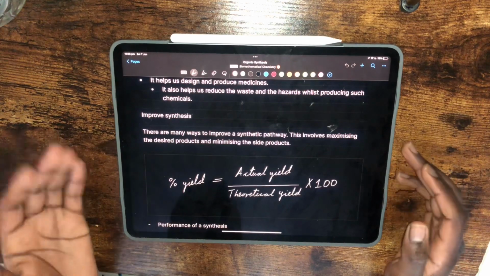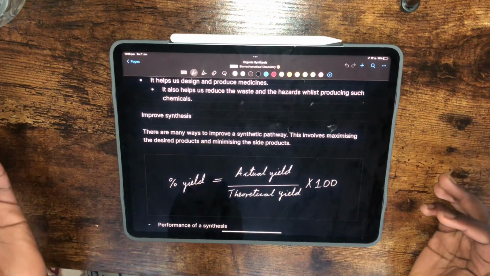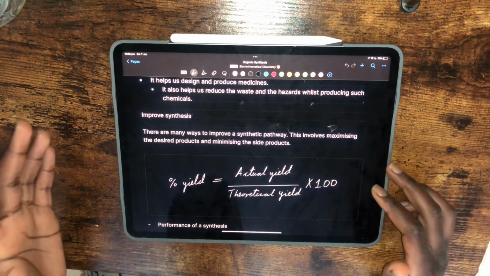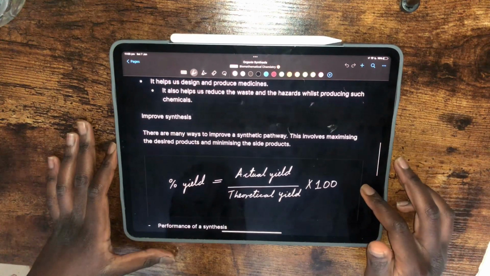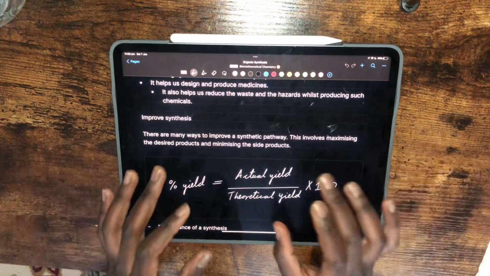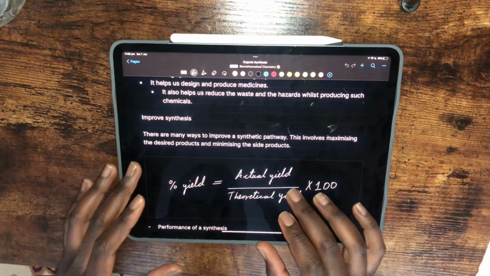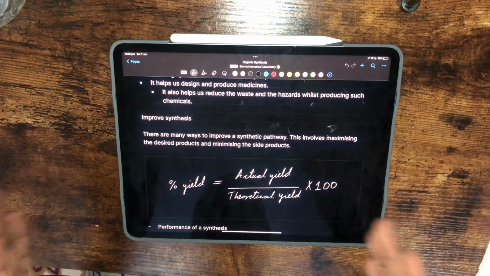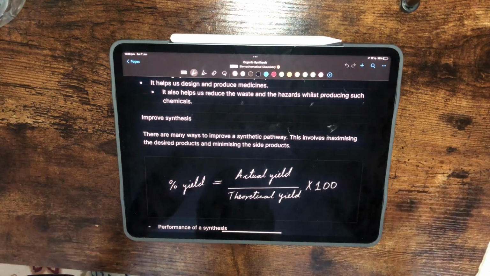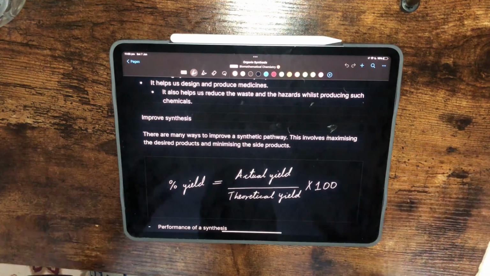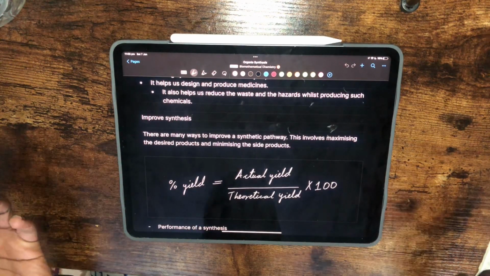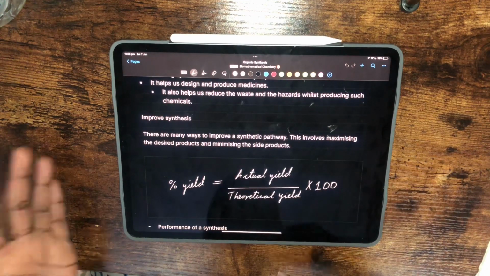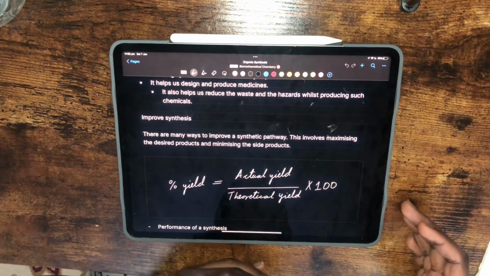Everyone knows percentage yield is equal to actual yield over the theoretical yield times 100. But doing these calculations is important. Why? Because doing it before you actually do your reaction lets you know how efficient the reaction is, how much of my product I'm actually getting out of this, instead of wasting time doing the practical and then finding out later on that you're not actually getting a lot.